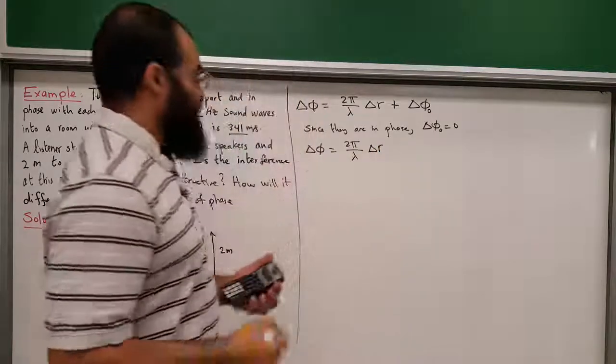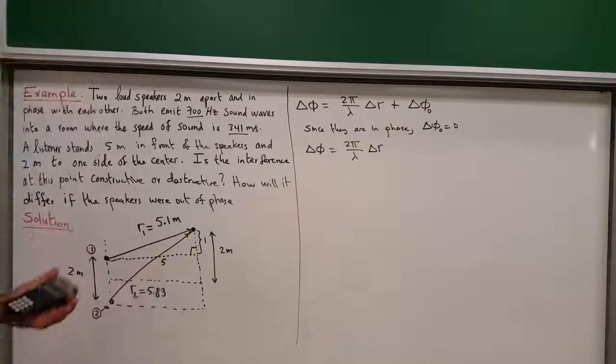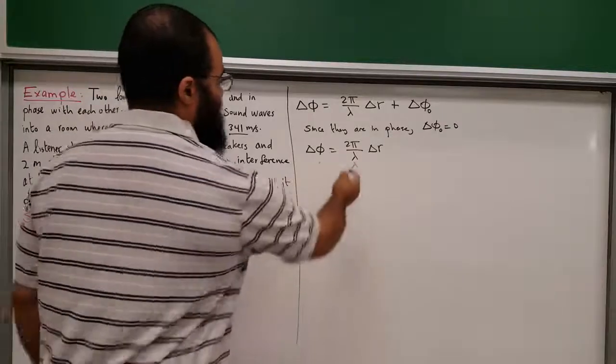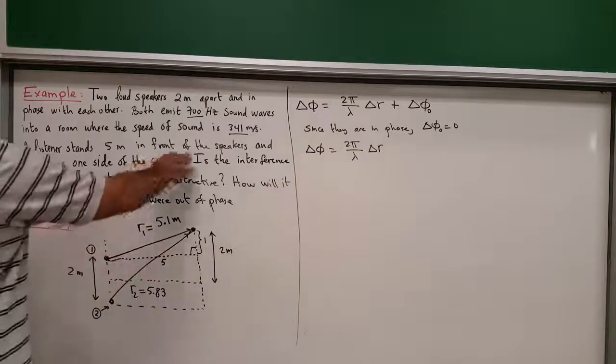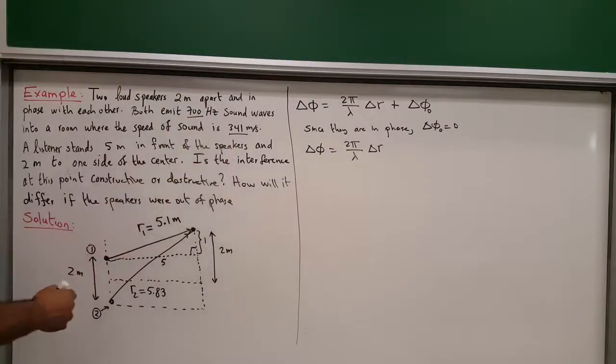Now, if this happens to be a multiple of 2 pi, then we will get constructive interference. Otherwise, it will be destructive interference if they differ by a pi. So, let's see what we get. First of all, I need lambda here. I know that the speed of sound is 341 and the frequency is 700 hertz.